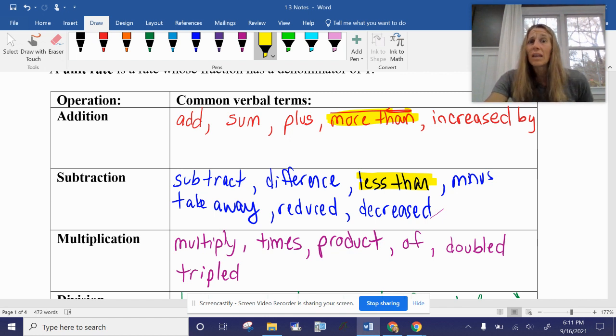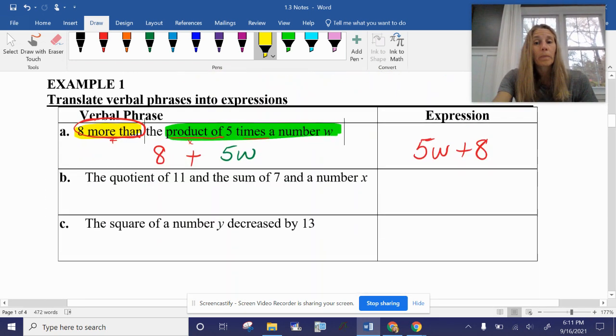The only time we deviate from going through the problem and just writing it as we see it is the words more than and less than, and that's when that number should be added or subtracted at the end. Now, again, with more than, you're not going to be wrong technically if you put it in the beginning, but if it's a multiple choice, the answer will be written the way I'm telling you about it, at the end. So just keep that in mind for those two.